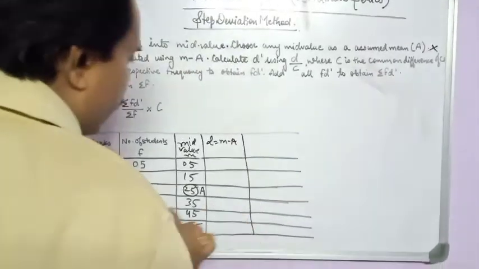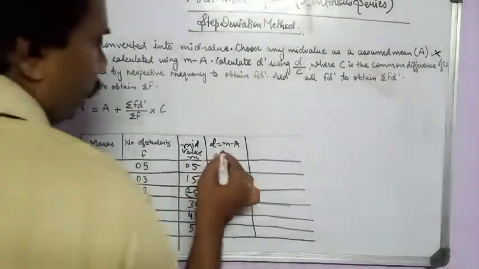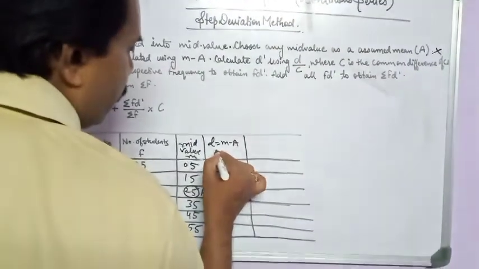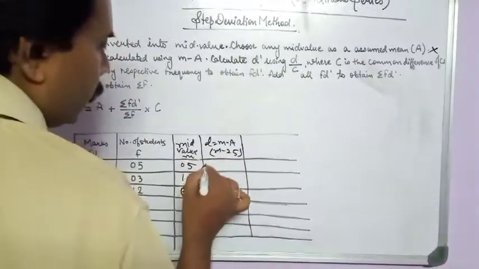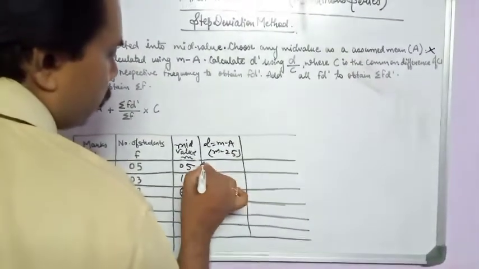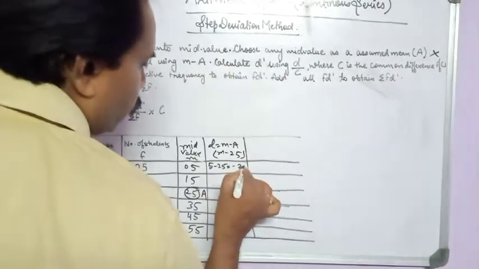So M, that is your 5, and A, that is 25. So you can also write here M minus 25. Clear? So 5 minus 25 is equal to minus 20.